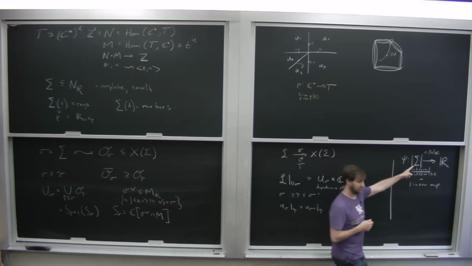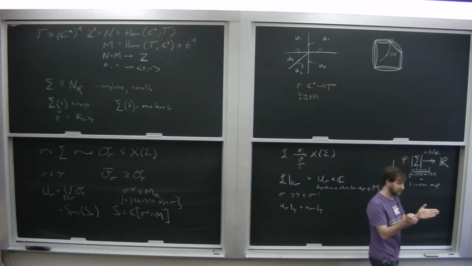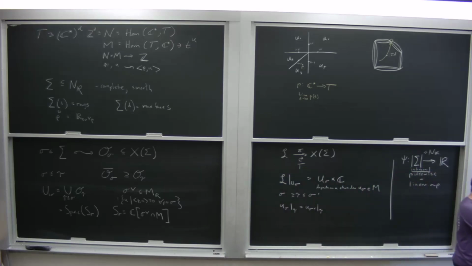Sigma is a cone. No, you're mapping the whole cone. Sigma lives in N, and U sigma is a linear function on sigma. Okay, so it's a linear function that lives above the cone sigma.